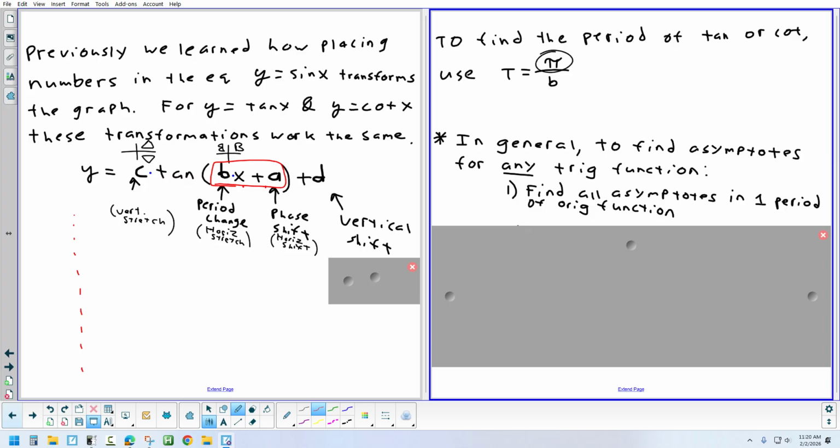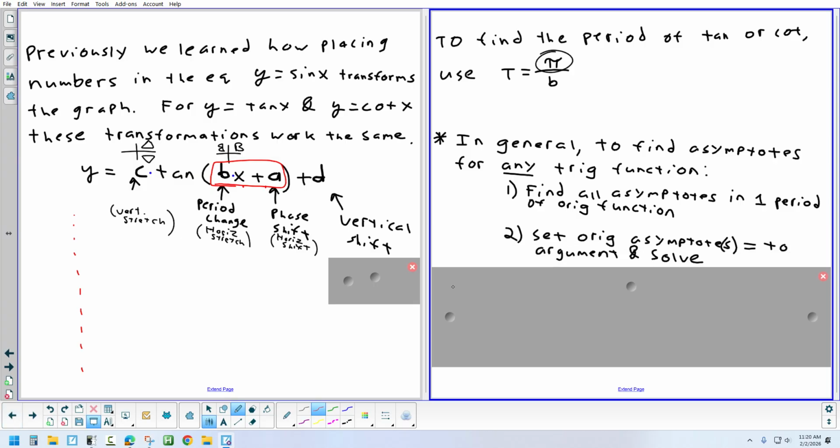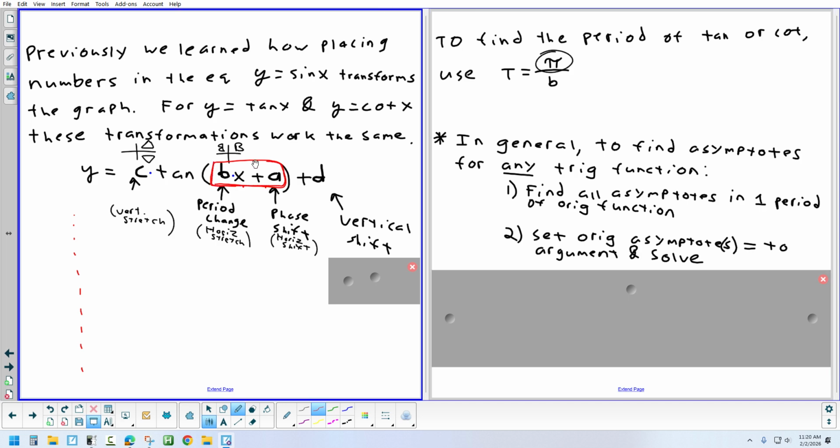If you can't figure out where the original asymptotes were, you're not going to figure out where the new ones are. So we'll use the table that I'll give you in a minute. And then it says to set the original asymptotes equal to the argument and solve. This is the argument, what's in the red box.